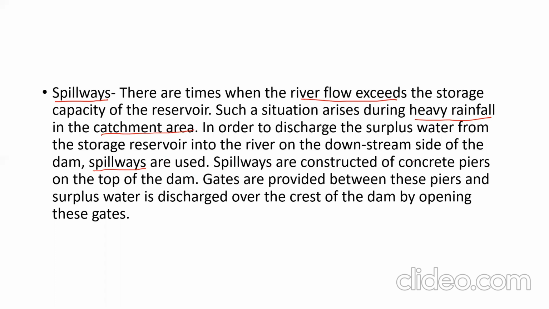Spillways are constructed of concrete piers, on the top part of the dam, and gates are provided between these piers. Surplus water is discharged over the crest of the dam.